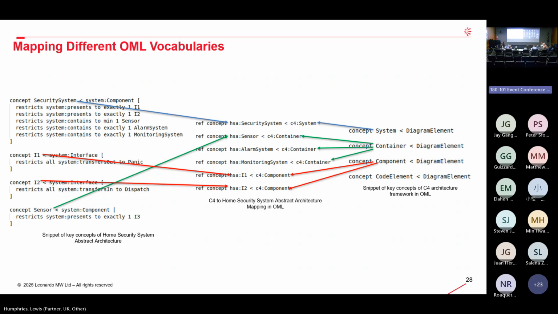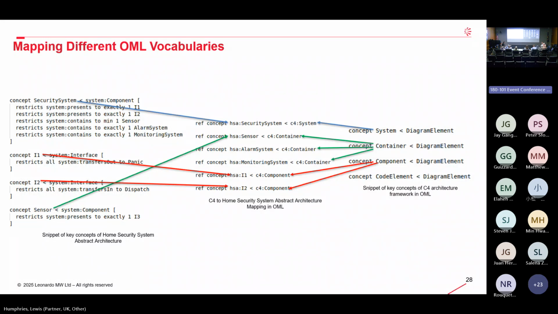On the left, we've got our vocabulary for the abstract architecture, and in the middle, there's this mapping vocabulary, which will take the various parts of the home security system's abstract architecture and map them to parts of the C4 architecture framework. For example, the security system is a specialization of a C4 system node, sensor is a specialization of container, and I1 and I2 are specializations of the components.